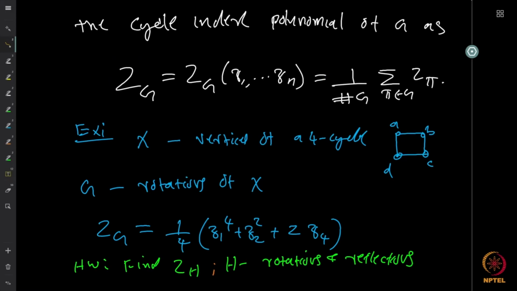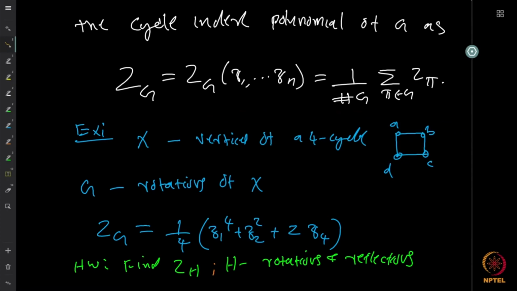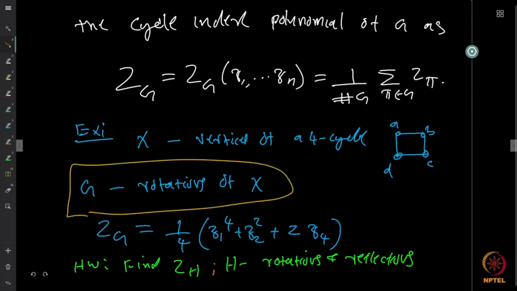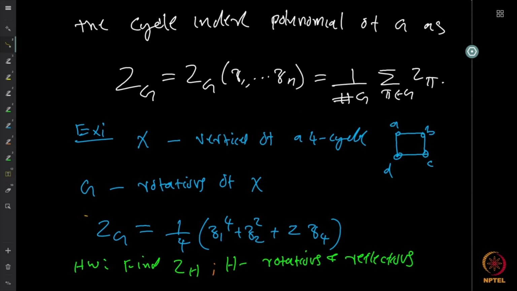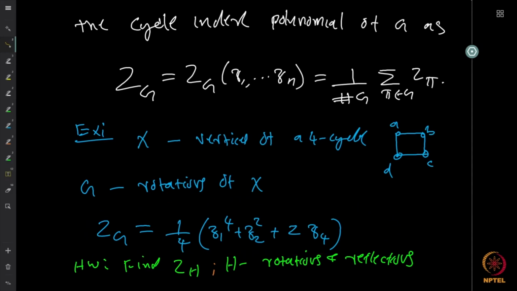So as an example, let us say that we have the 4-cycle X with the vertices A, B, C, D, and look at the group of rotations of the cycle. So what is the cycle index polynomial? Z_G is 1 by the order of G, which is 4. Now z1 raised to 4. Why is it z1 raised to 4?